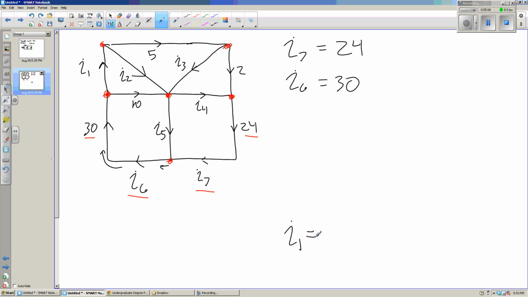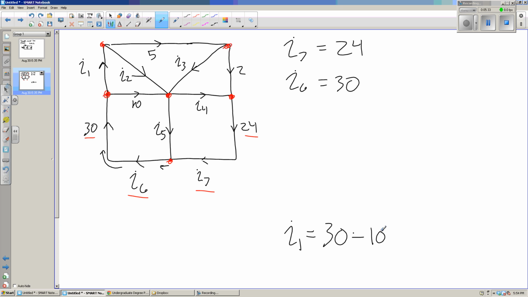I1 is equal to 30 minus 10. All I've done is say that I1, which is flowing away, is equal to the 30, which is flowing in, so that's on the right side.